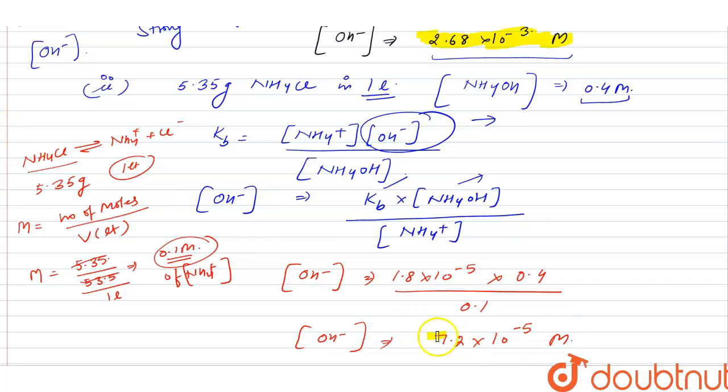When we compare the two answers, our second value is low. This OH negative concentration is less than that in the absence of NH4Cl. So this proves that when we add NH4Cl, it will suppress the concentration of OH negative and its value will be less. So thank you.